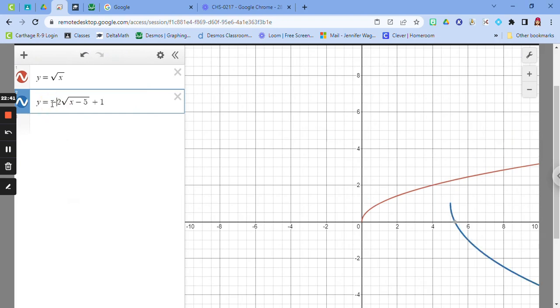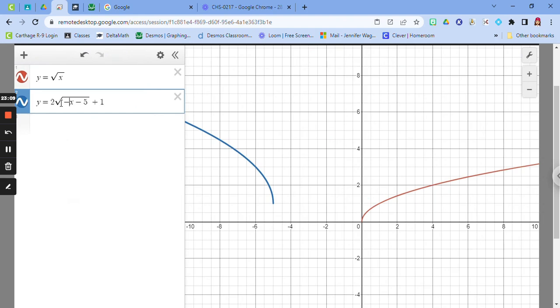There's a reflection over the x-axis because your y values change. That's what a reflection over the x-axis does, it changes your y values. Reflection over the y-axis, okay? So when the negative is applied directly to x, that changes the x values.